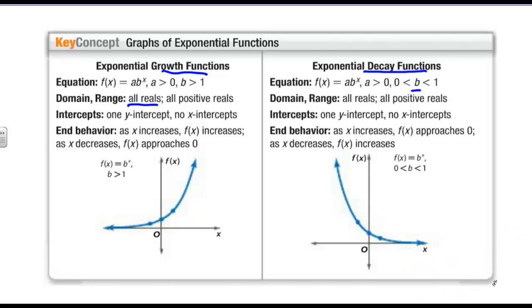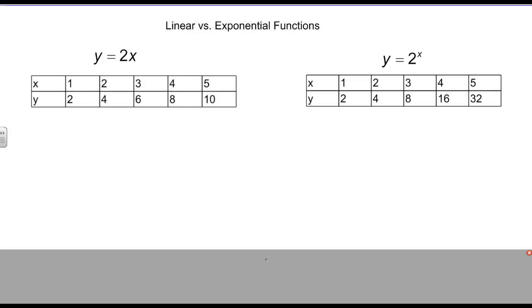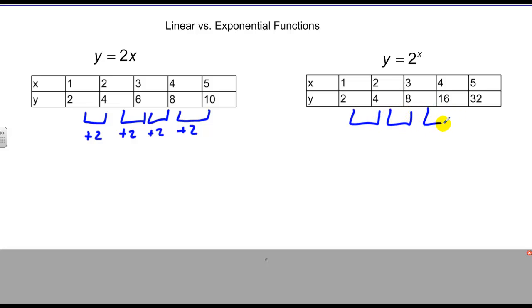So let's take a look at a chart of some values and note the difference in the patterns of output values. From value to value in this case, I notice I have a difference of 2 in each case. But in this exponential, while I have 2 in common, it's a multiple.